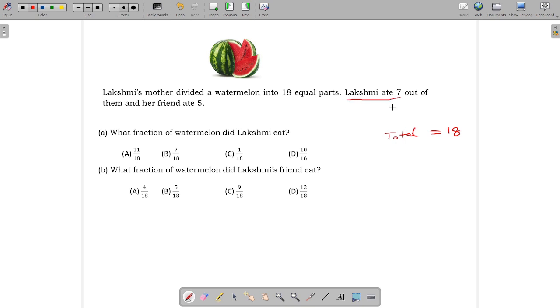Lakshmi ate 7. So the answer is 7 by 18. Answer is B. What fraction of watermelon did Lakshmi's friend eat? Lakshmi's friend ate 5. Total is 18. So the answer is 5 by 18. Answer is B.